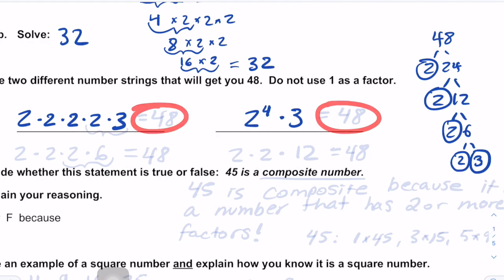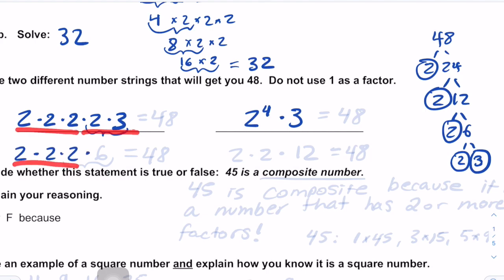Something else you could do is just combine 2 of the numbers right here so that your answer would be 2 times 2 times 2 times the product of those 2 numbers, like 6. So that's another option. And if you wanted to combine even 2 of these afterwards, you can do 2 times 2 times 12.